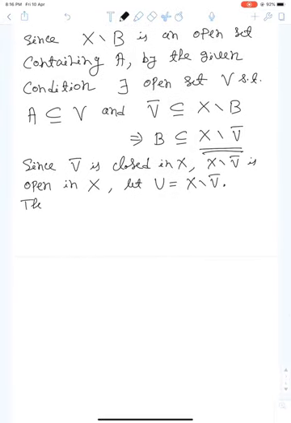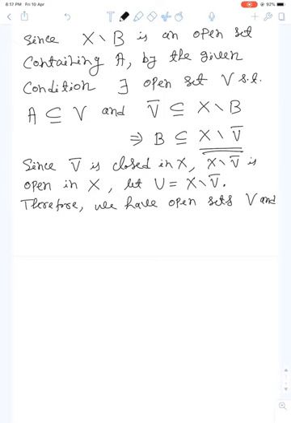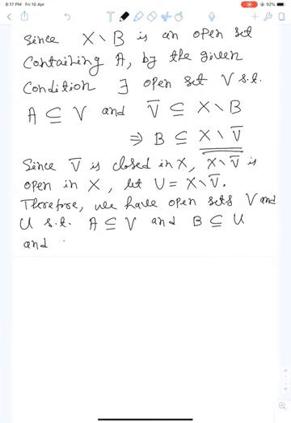Therefore, we have open sets V and U such that A is a subset of V and B is a subset of U and U intersection V is empty.